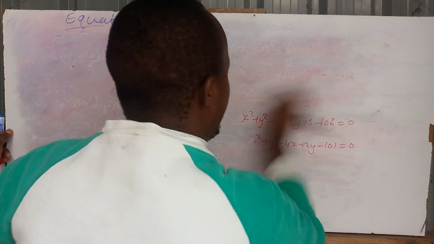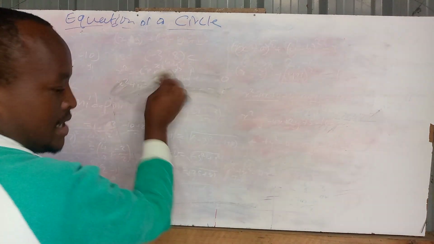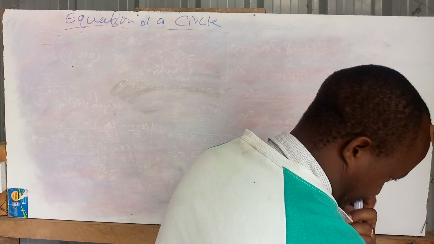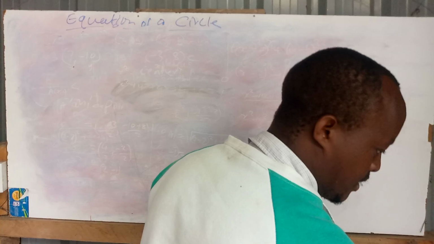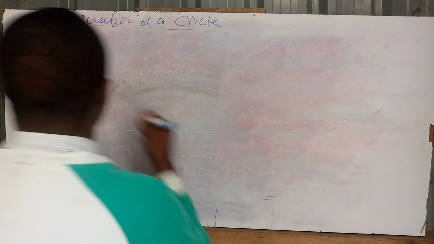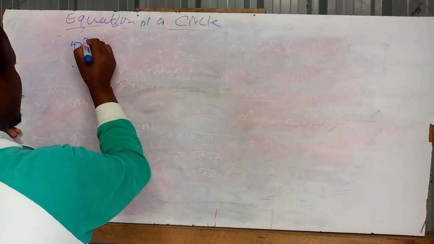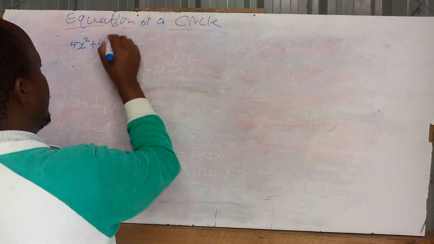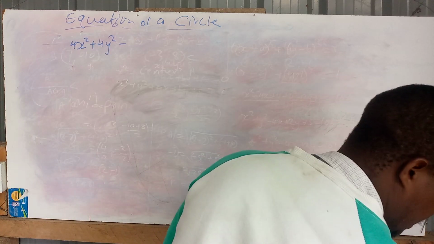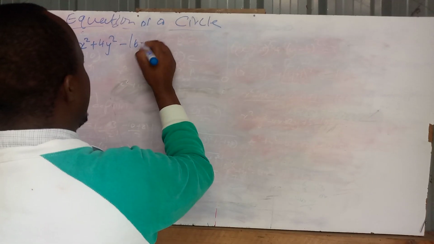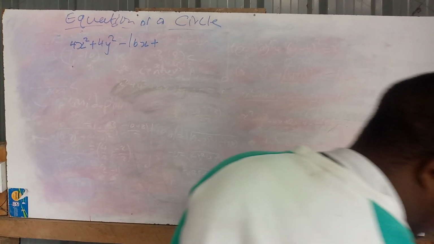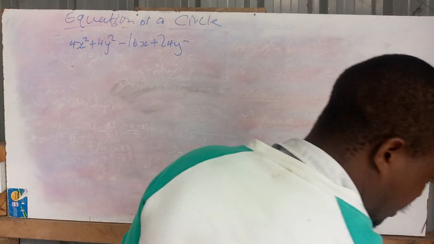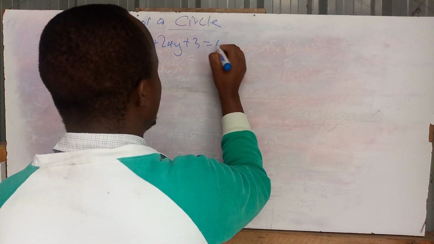Now another one of a different kind. You are given the equation of a circle as 4x squared plus 4y squared minus 16x plus 24y plus 3 is equal to 0.